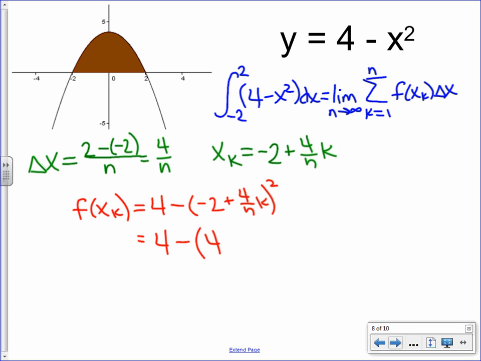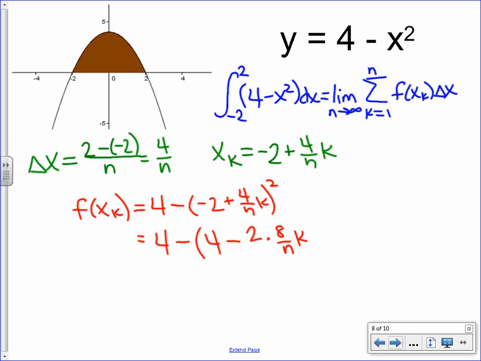We're going to take negative 2 times 4 over n times k, negative 16 over n, k. And we're doing that twice.